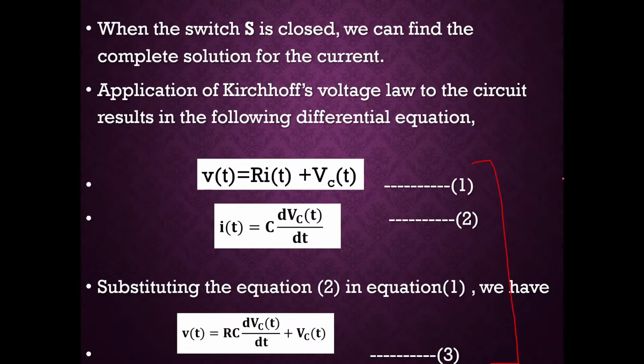The same current flows through the capacitor and the resistor because they are connected in series. Therefore, we have substituted the capacitor current in equation 1. So V of t is equal to R into C d by dt of Vc of t plus Vc of t is our equation 3.